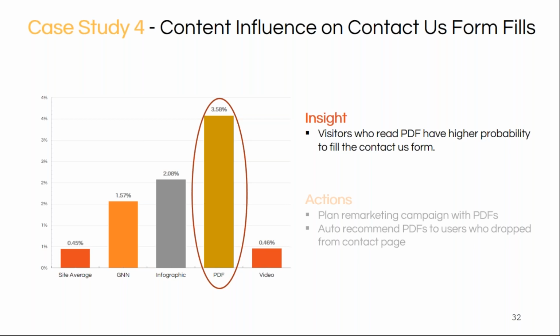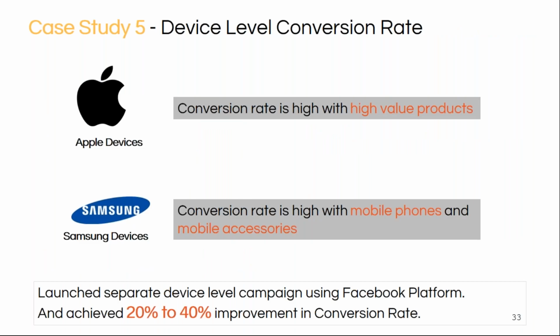So the action item: you can plan a remarketing campaign with the PDF, for example, targeting people who visited the contact us page with this PDF. And if you can implement the technology, you can implement a recommendation system for these visitors. Once they visit the web page, you can recommend a relevant PDF based on their behavior. By doing that, you have a high probability of getting more conversions.